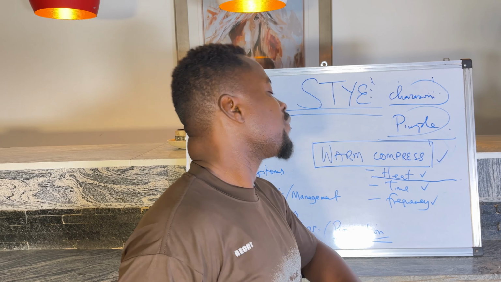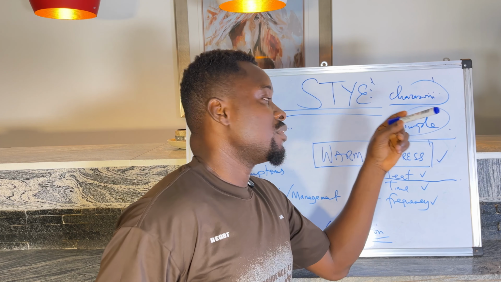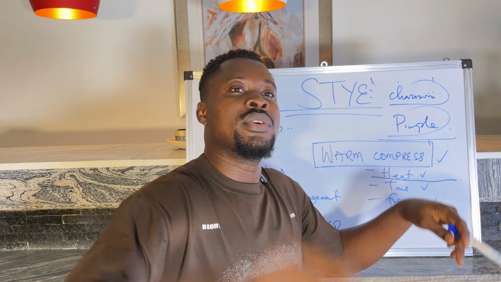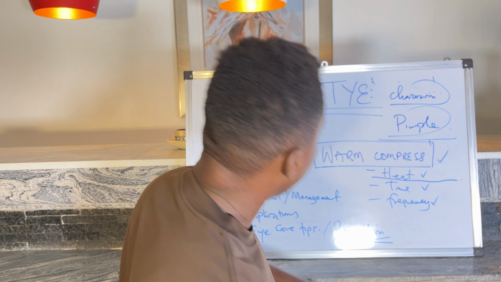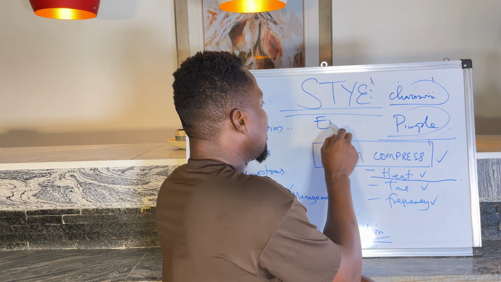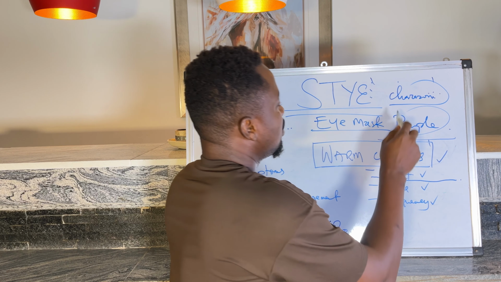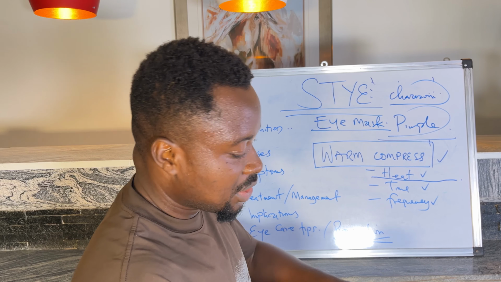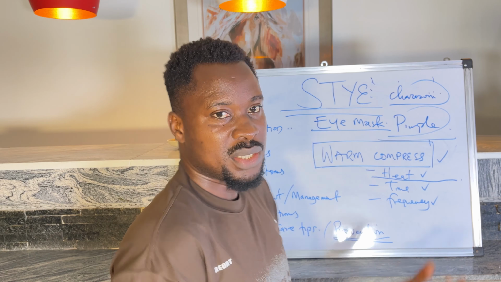What do you do? If you cannot use a washcloth to achieve the desired result in this process, what are you then supposed to use? And the answer is an eye mask. Use an eye mask. You can always heat it up, probably with a microwave for some minutes.